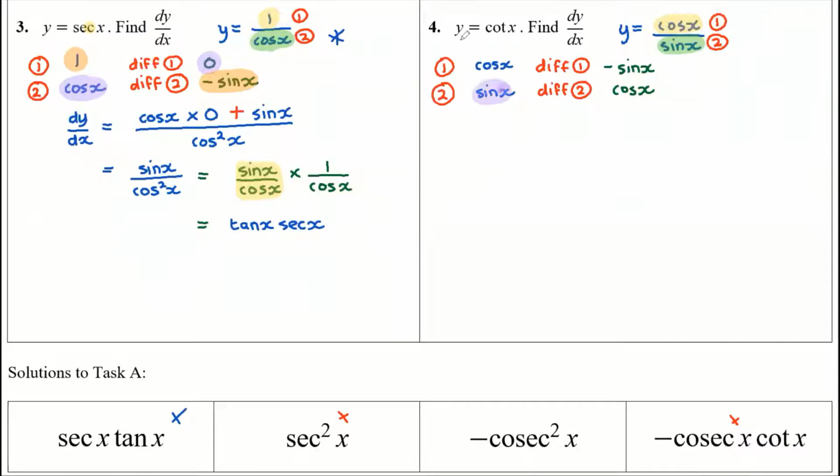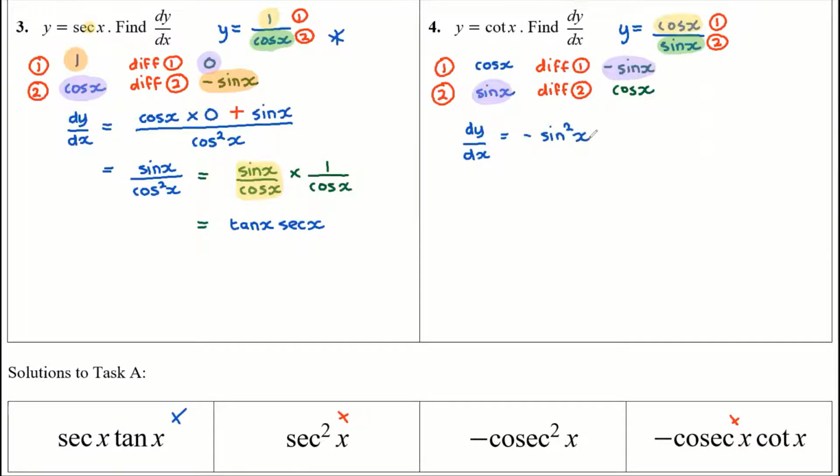So differentiate 2, beg your pardon, sorry. Say that again, function 2 multiplied by the derivative of 1, going diagonally. Okay, so we've got a negative now, so that's going to be negative sine squared x.